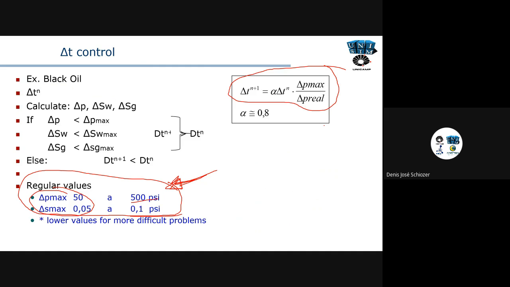What do defaults mean? If you don't inform anything, the simulation will take a default value for this. You have to look into the manual and see what the default is for these values. And normally the default is something that makes the simulation run faster. Okay. So be careful about this.